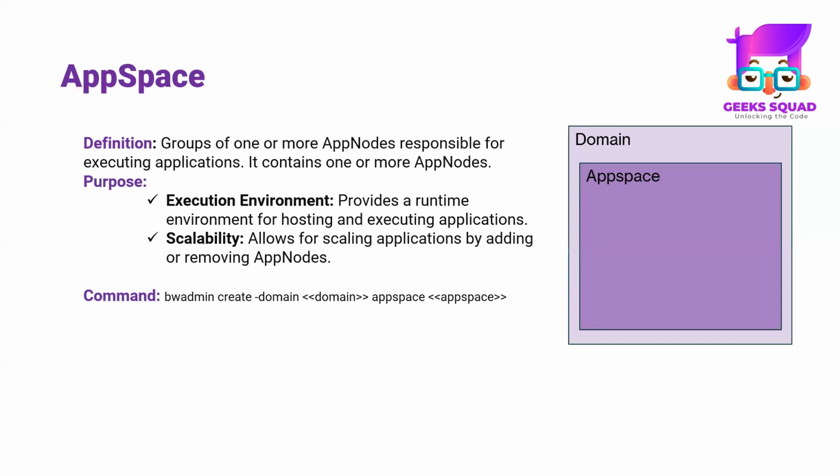Secondly, it offers scalability, allowing us to adjust the size of the environment by adding or removing app nodes. This flexibility ensures that our applications can adapt to changing demands and scale effortlessly. Creating an app space is done using the command as shown on your screen.